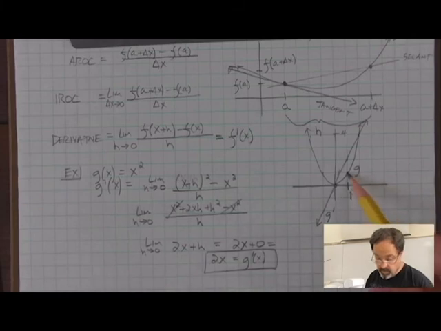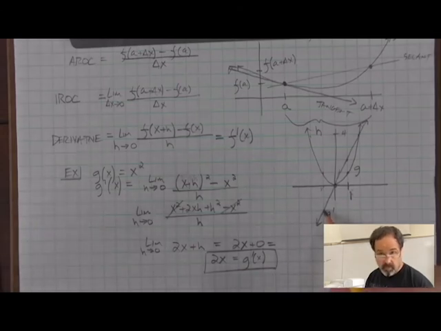Let's do that again. If I put -1 in for x, I could calculate the value of g to be +1. But the rate of change of g at -1 is the value of g prime at -1, which is -2.